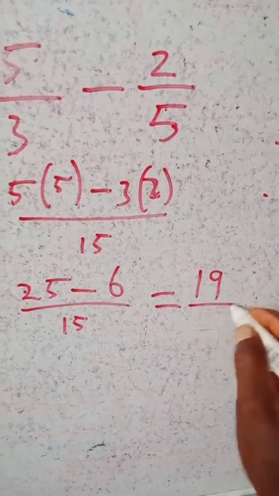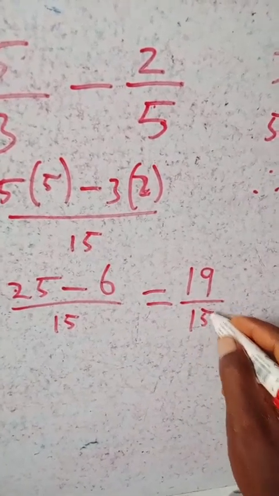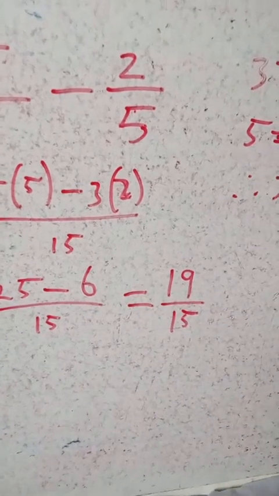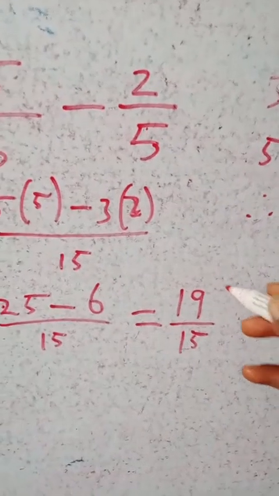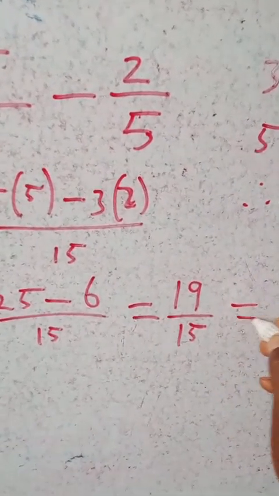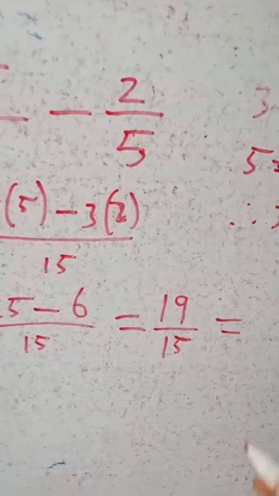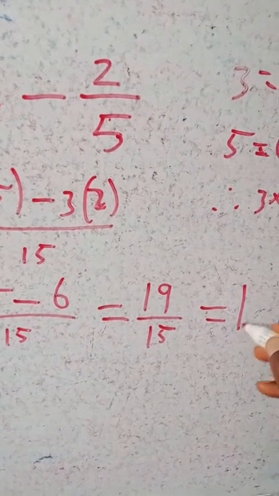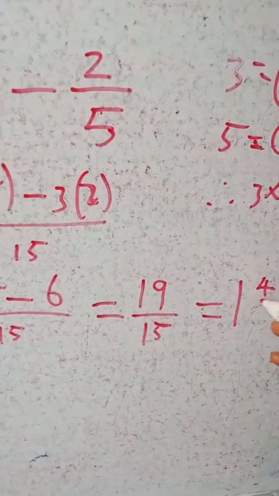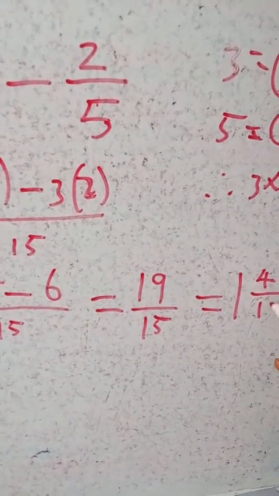Okay, so 19 over 15. 19 over 15. So it's an improper fraction. So use 19 oranges to give to 15 people. How many will each take? Okay, I think they will take one each. Okay, and then 4 will be left. Then you still divide to the 15 people.